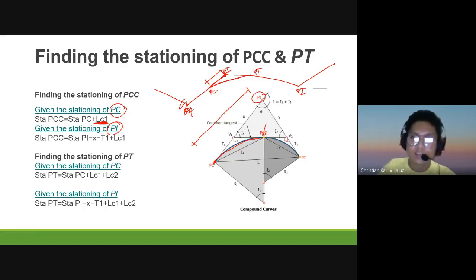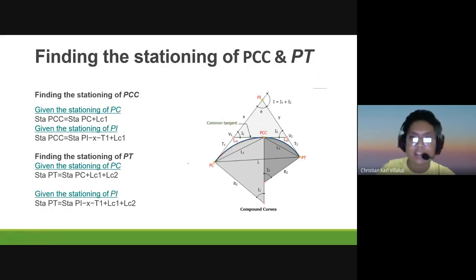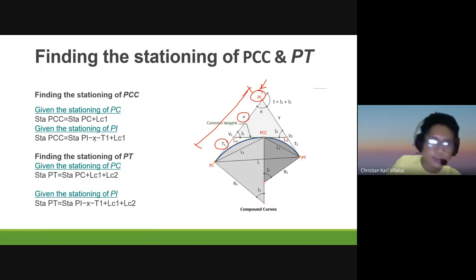So kung ang given na stationing ay PI, kailangan nating pabalikin yung stationing na meron dito papunta dun sa stationing ng PC. That's why we need to subtract this x and the tangent 1. So isusubtract natin yun dyan. Then, tsaka tayo mag-a-add ng length of curve.